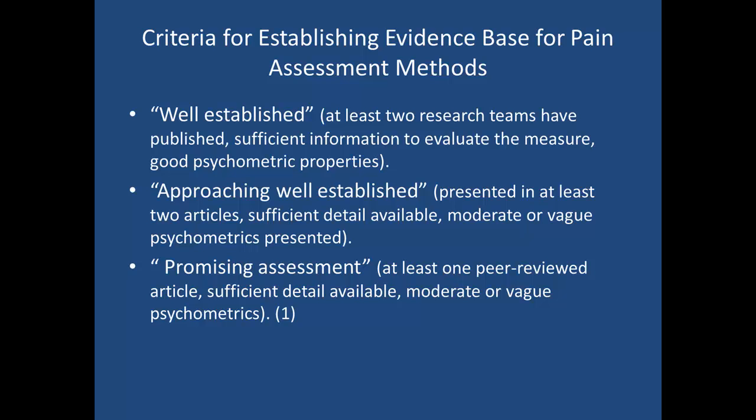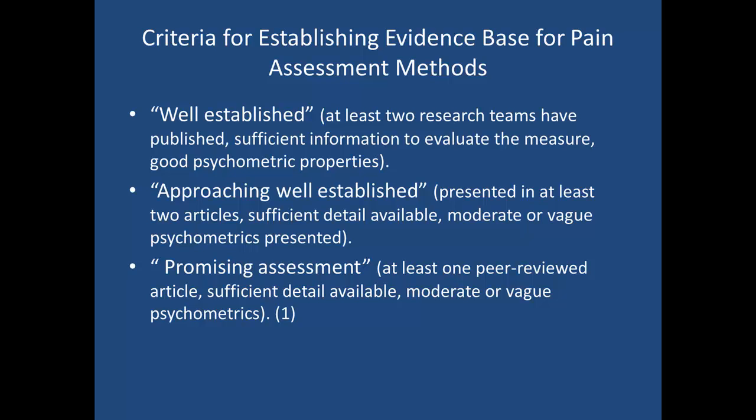So, the criteria for establishing evidence base for pain assessment measures. The Society of Pediatric Psychology had a task force looking at different measures, including pain measures. Well-established measures were those where at least 2 research teams have published information on the measure, there's sufficient information to evaluate the measure, and it has good psychometric properties.